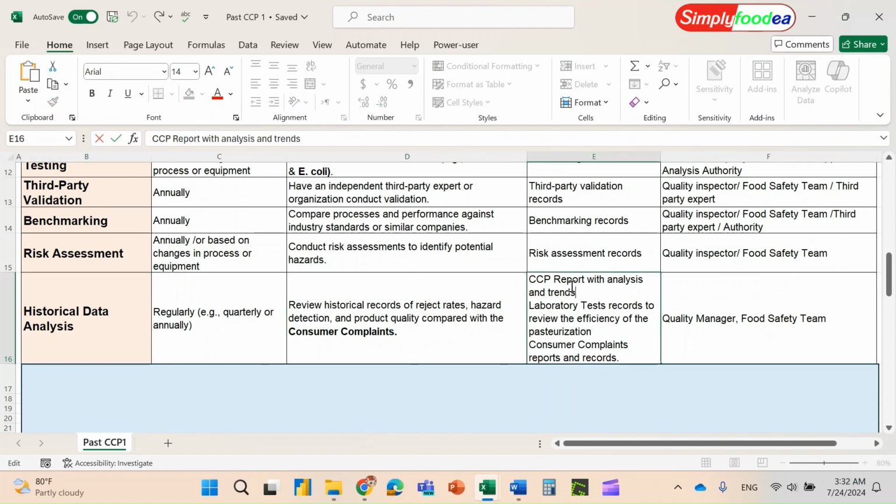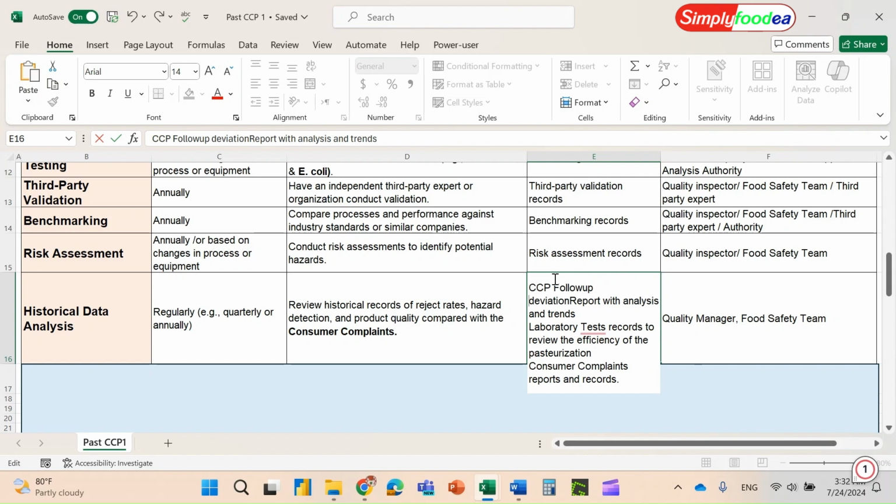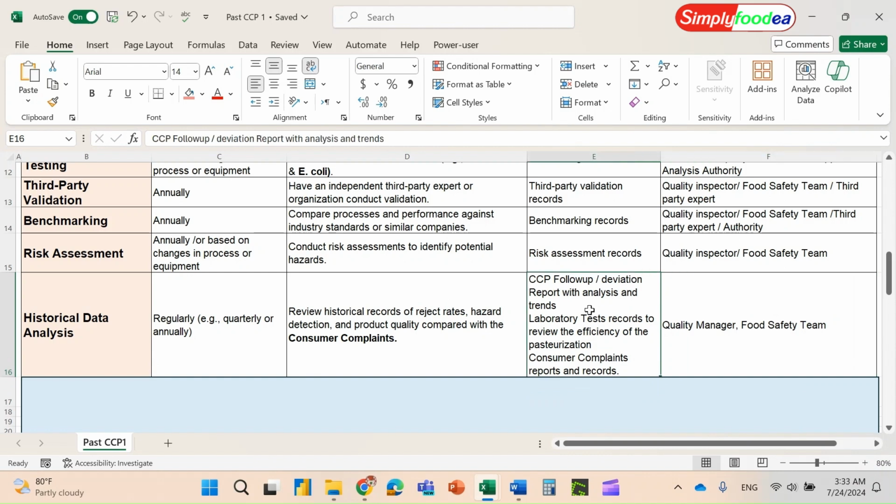Historical data will be the CCP deviation report. Not only deviation, actually, it's the CCP follow-up report and the deviation report, with analysis and trends and the laboratory tests.